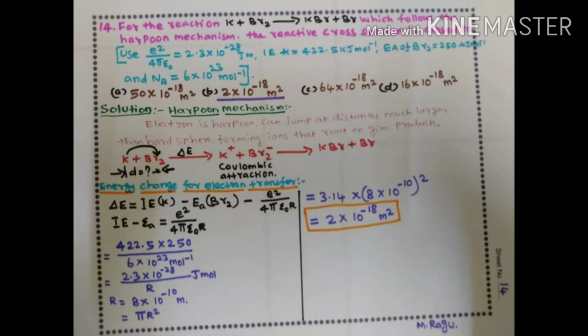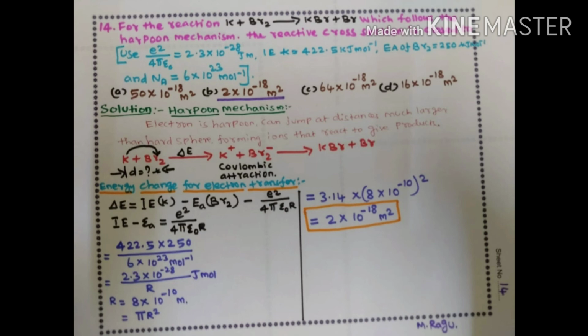Question number 14. For the reaction K plus Br2 gives KBr plus Br, which follows the harpoon mechanism, the reactive cross section is close to? The cross section is given by the formula pi r squared.